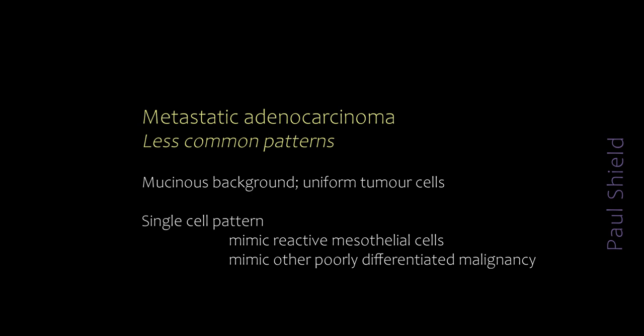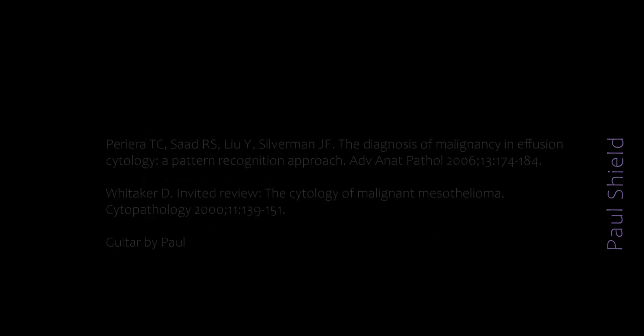Sometimes you'll get just single cells, and these are the undifferentiated adenocarcinomas, so they'll show obvious malignant nuclear features, but will be harder to type from other types of malignancy that could be metastatic to the cavities.